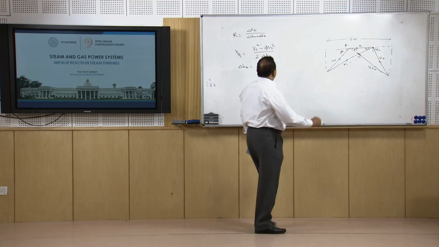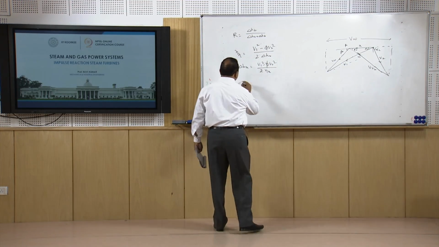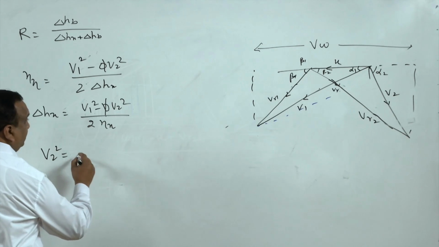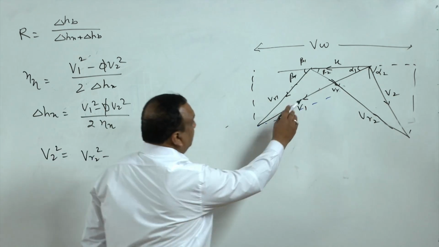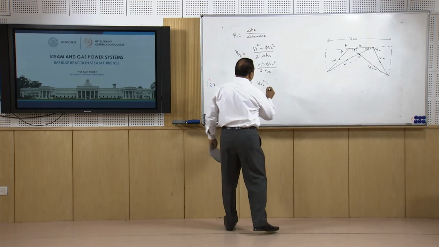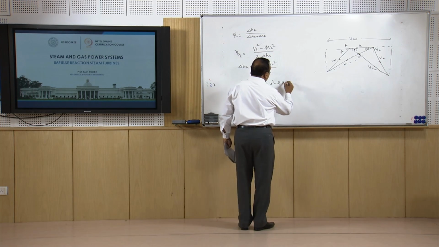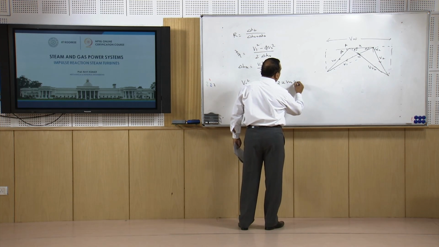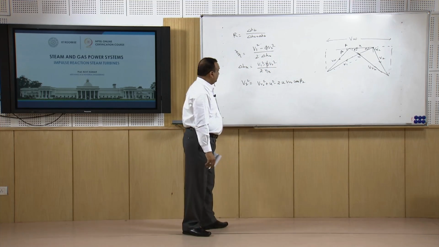Now, this V2 square, if we consider this triangle, is VR2 square plus U square minus 2 U VR2 cos beta 2, right.